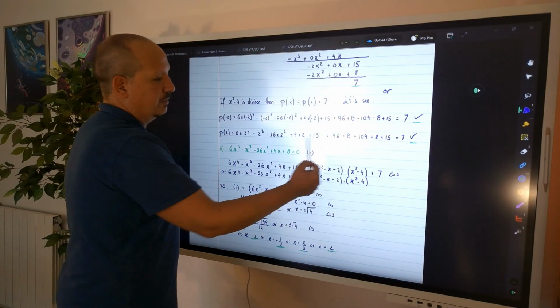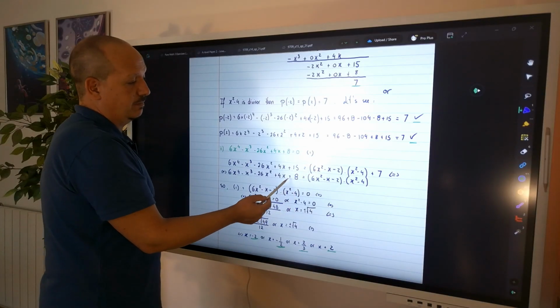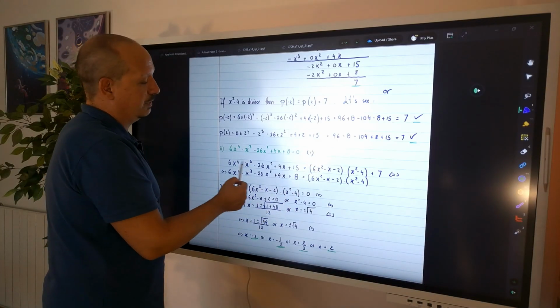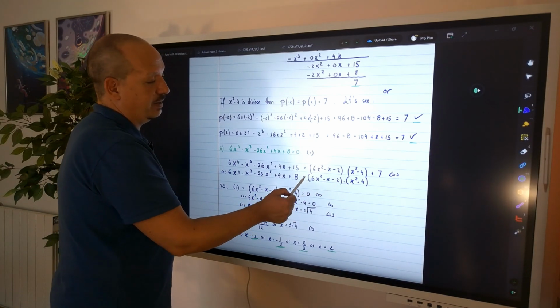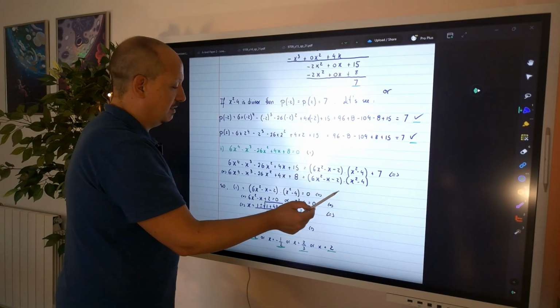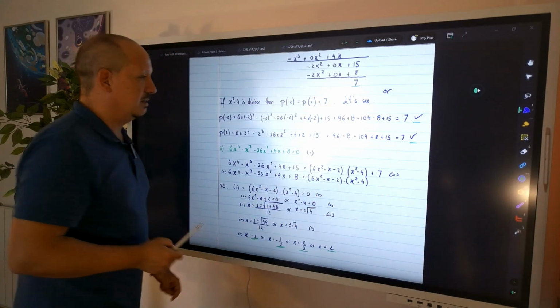If you now send this 7 to this side, you get what you want. You'll have the polynomial over there. And this equals the quotient times the divisor, right?